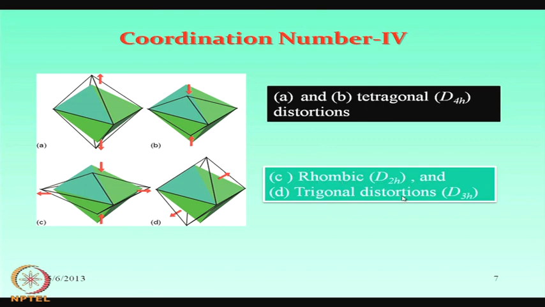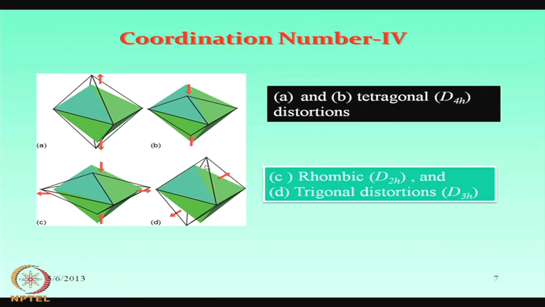But the second situation, that means the situations C and D, they are called rhombic distortions and trigonal distortions. The second situation we are talking about is that along the trigonal plane, this is the C3 plane. This is another C3 plane. So, above these we have 4.